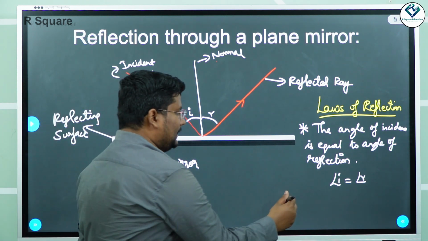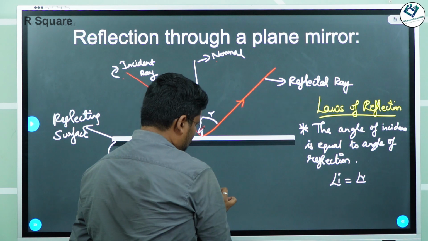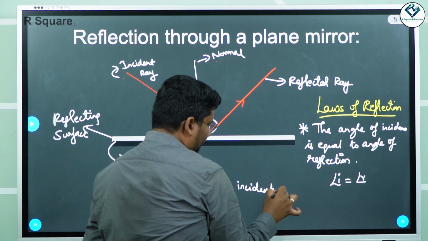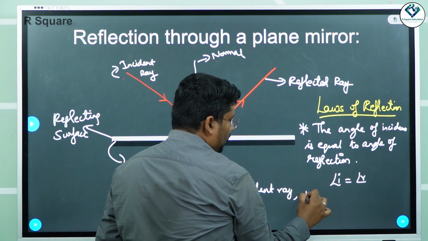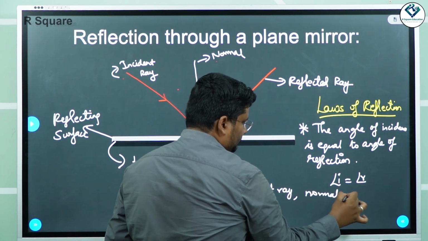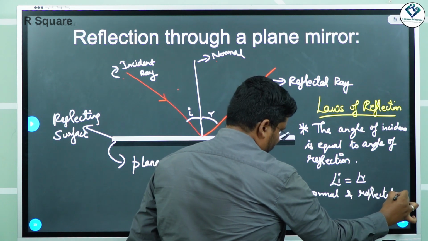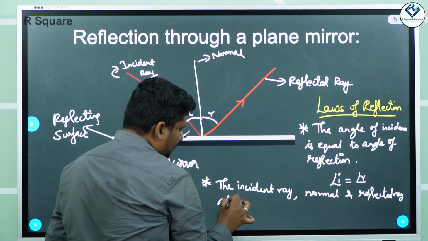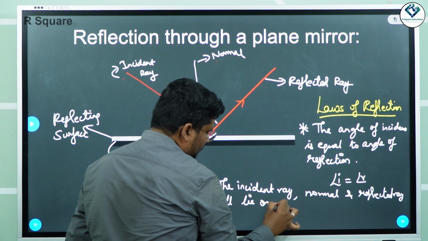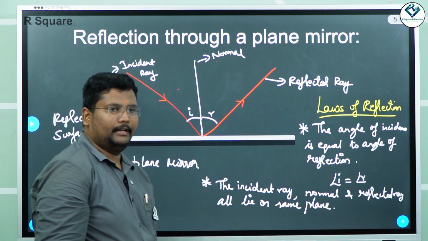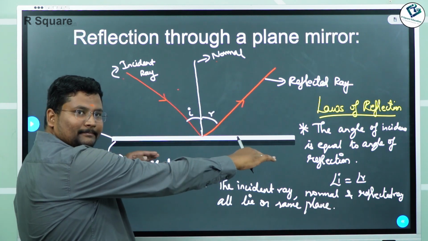And the second law states the incident ray, normal, and reflected ray all lie on the same plane.